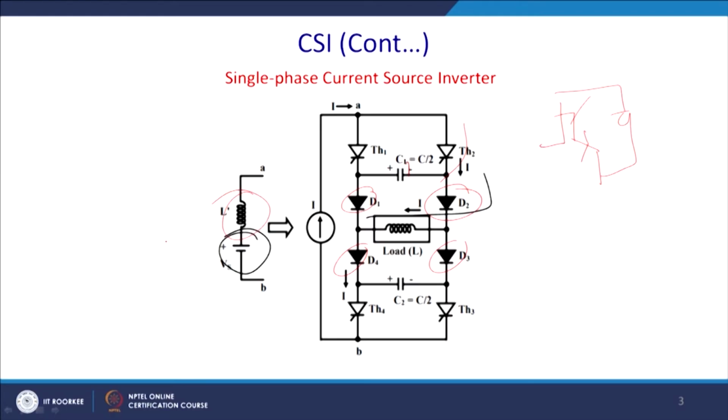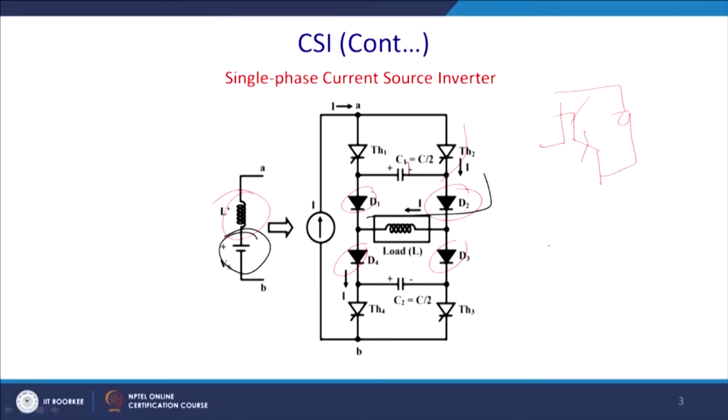But you see that it is inherently short circuit protected. You have a problem of the leg short in a VSI, so you can have more reliability here, as at least it does not have a short circuit condition.